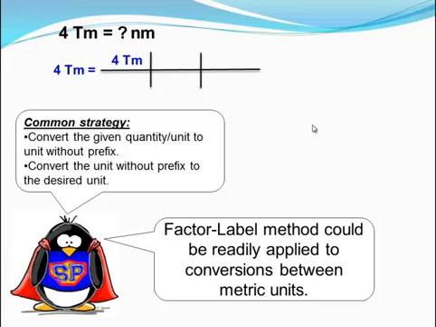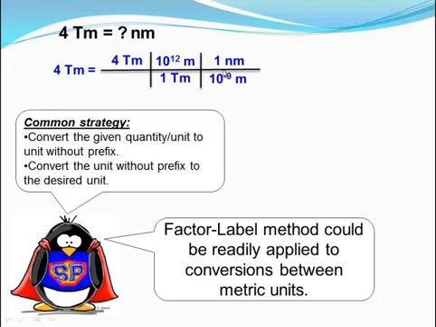So first thing I want to do is cancel the Tm, so it has to go to the bottom, and looking at that prefix table, you can only have a conversion between the Tm and the m. So it's 1 Tm equals 10 to the 12th m, but still, that's not what I want. What I want is to cancel the m and give me the nanometers.